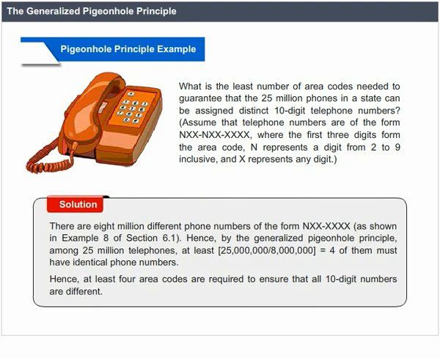Solution. There are 8 million different phone numbers of the form NXX-XXXX, as shown in Example 8 of Section 6.1. Hence, by the generalized pigeonhole principle, among 25 million telephones, at least ⌈25,000,000/8,000,000⌉ = 4 of them must have identical phone numbers. Hence, at least 4 area codes are required to ensure that all 10-digit numbers are different.